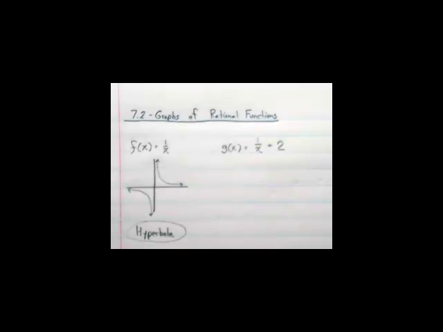Up 2, right? Okay, so if I'm going to move this graph up 2, what's that going to look like then? So what do you guys think? How would I draw that? What do you think would be a good thing to start with if I'm going to move it up?